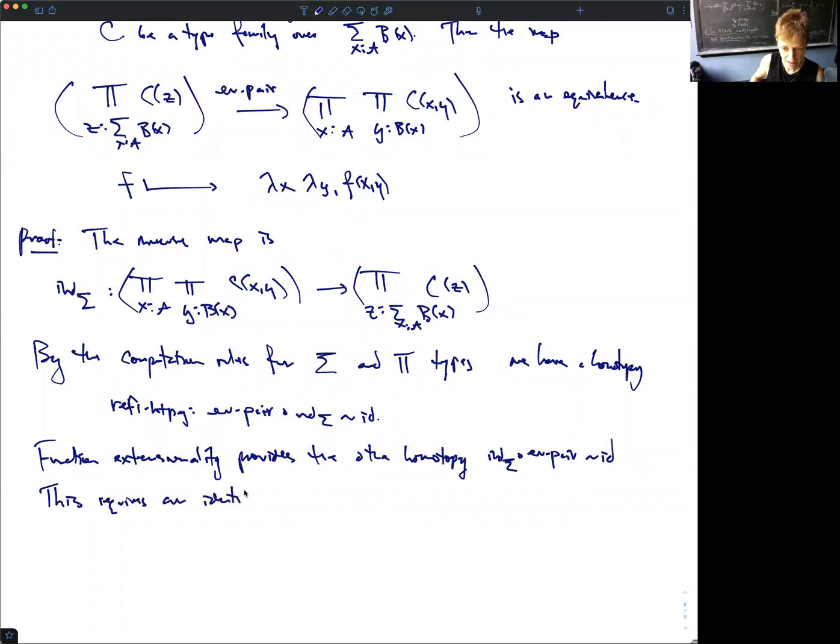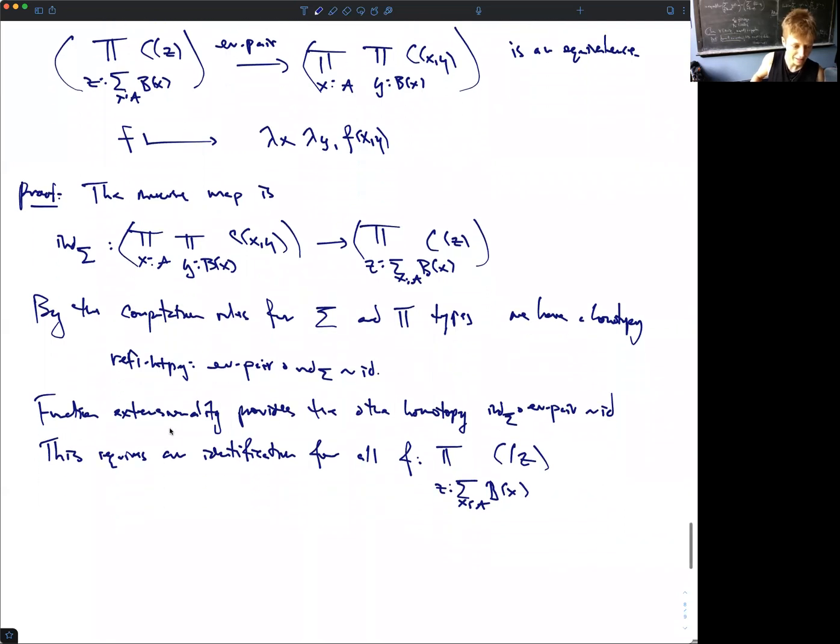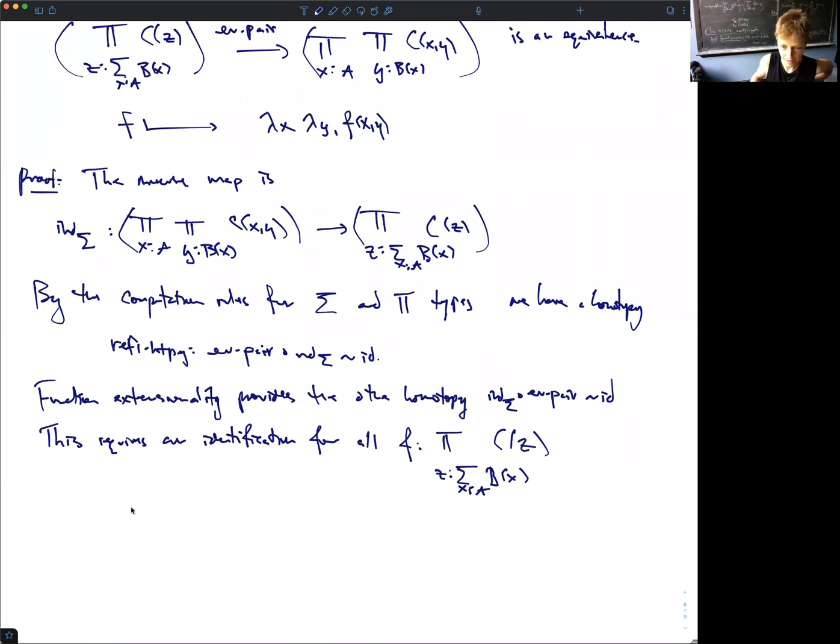So I'm going to introduce a term f, like in the statement of this theorem, for all f, which is a section of the type family C. So that's a term that would take z in here, C of z, and that requires an identification between ind sigma of ev pair of f and f. Ev pair was the function that took an x and a y and produced f x y.